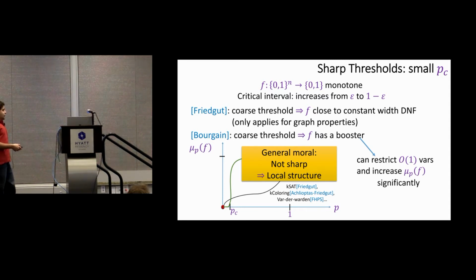In the more general result by Bourgain, this local structure means that you can restrict constantly many variables of the function and increase the density of the function by a lot. So this is a general theme in this area: either you have some random looking behavior when you increase p, or otherwise you have some local structure.